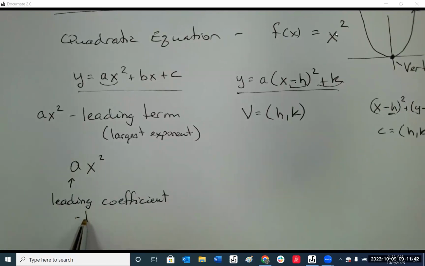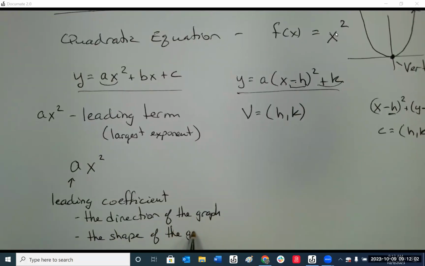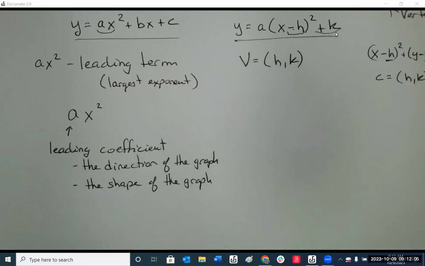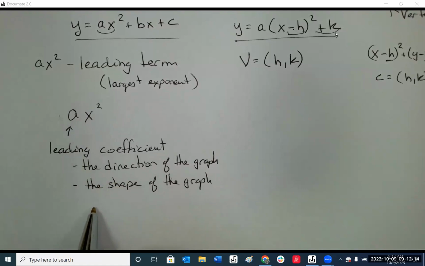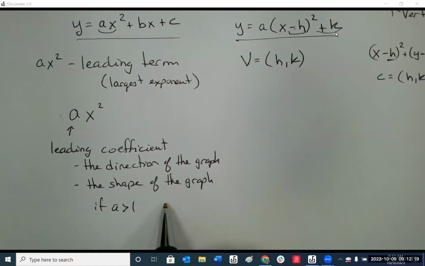It tells us the direction of the graph and the shape of the graph. What I mean by that is in the last section, we did transformations. So if a is an integer bigger than 1, then the graph will be much skinnier.